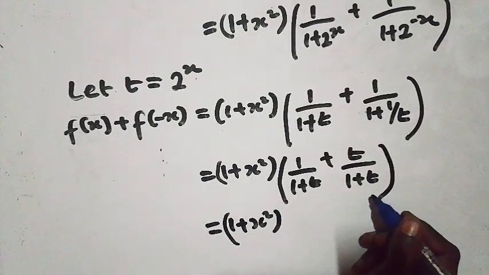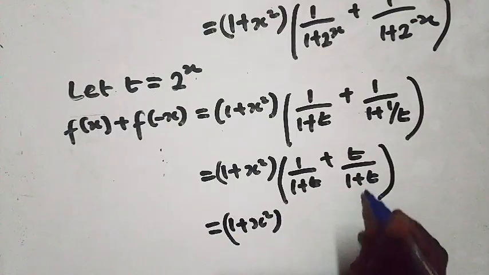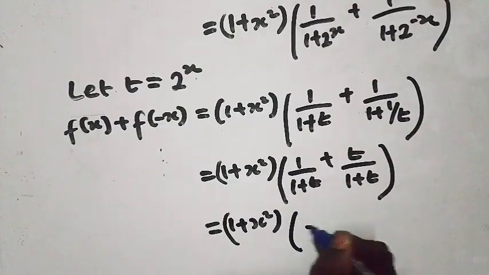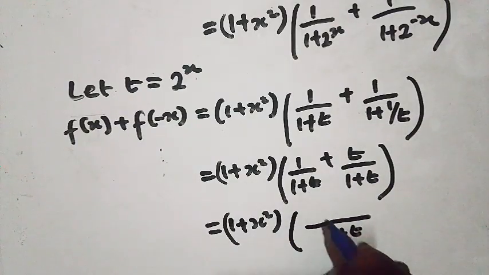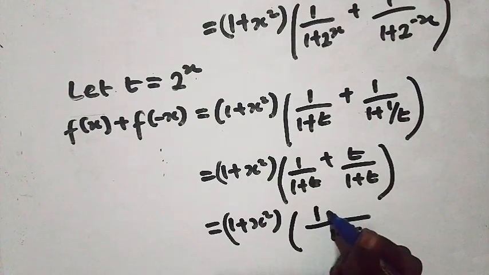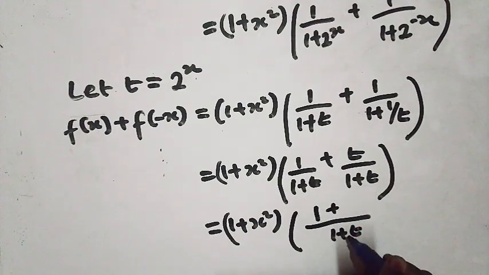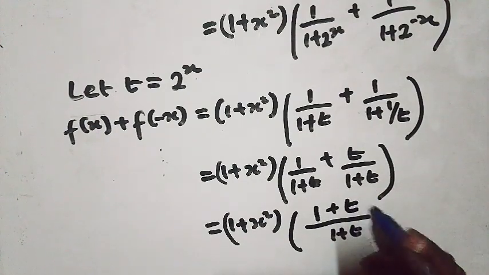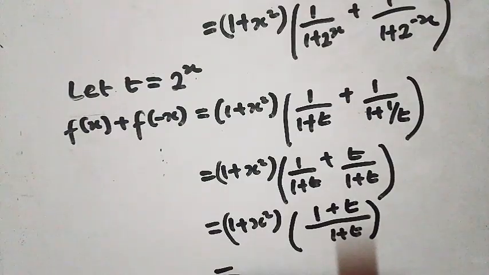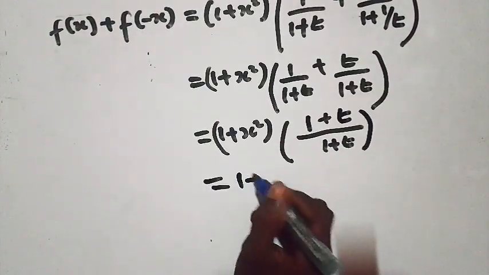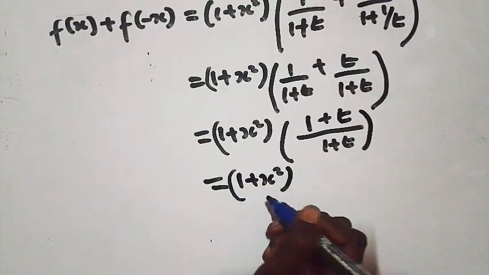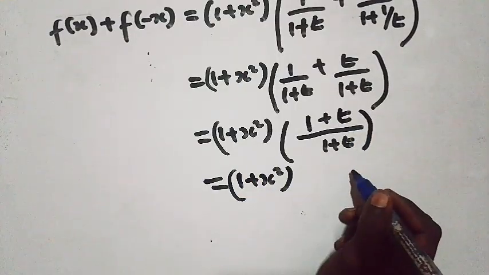If we make the LCM 1 plus t, this will go in this one, so 1 plus t multiplied by 1 plus t, that is 1 plus t, and this will go in this one times t as well, which is equal to (1 + x squared) times (1 + t) over (1 + t).